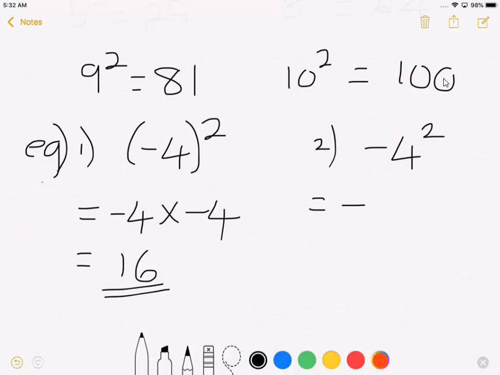So you say 4 times 4, because 4 squared is 4 times 4, which is equal to a negative, 16. That is your answer. Can you see the difference between (minus 4) squared and minus 4 squared? That is the difference. Now let's talk about cubes.